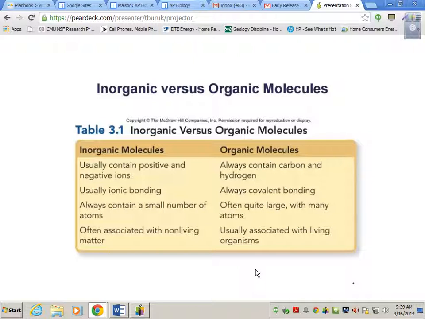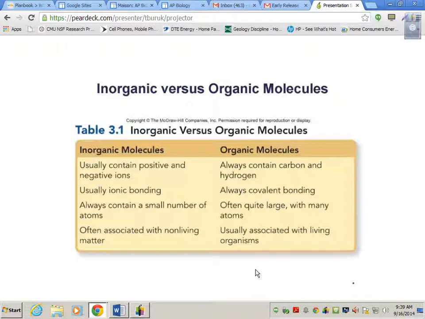Okay. All right. So when we look at inorganic molecules, those usually contain positive and negative ions. We're talking about things being covalently or ionically bonded. Inorganic substances are usually ionic or covalently bonded. Inorganic are going to be usually ionic bonds.